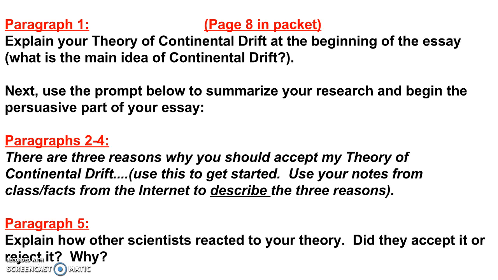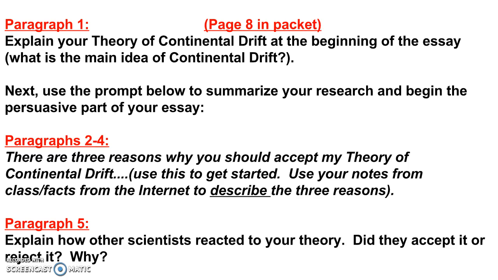But then later in the body of your paper, paragraphs 2, 3, and 4, will be used to explain the evidence. So each paragraph would be a place to explain in detail all the 3 categories. To remind you, the 3 categories of evidence are the shape of the land masses, the fossil evidence, and climate evidence.